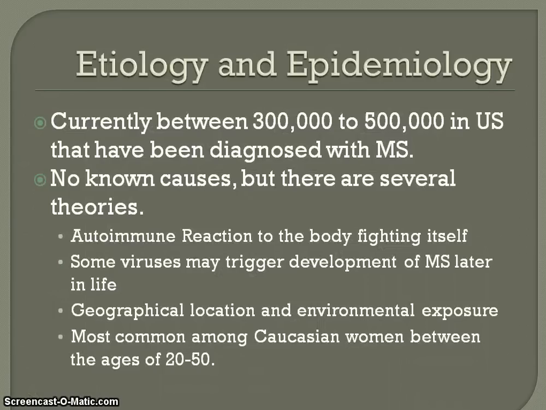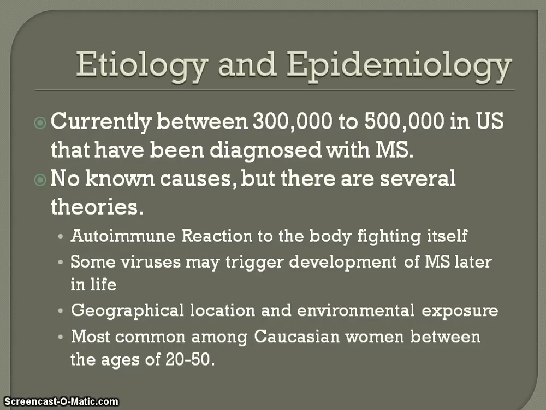There are currently about 300,000 to 500,000 people in the US alone that have been diagnosed with MS, and diagnosis is actually correct for MS about 90 to 95% of the time. There is no clinical test that says, this person has MS. You usually confirm it with MRI.